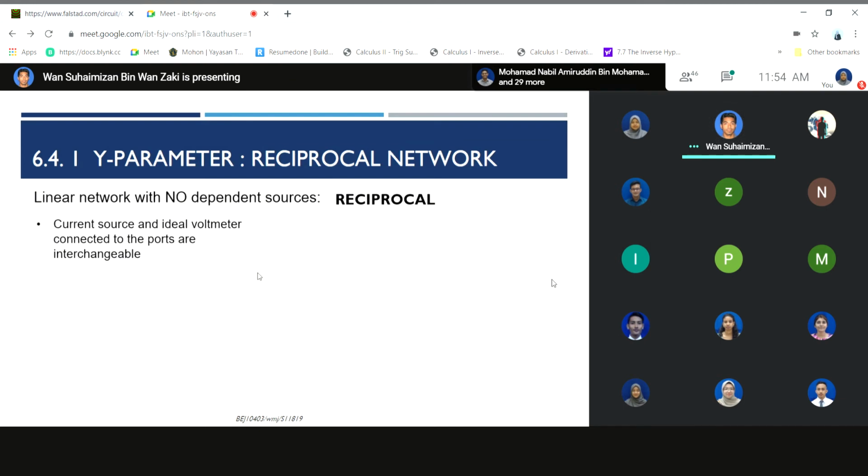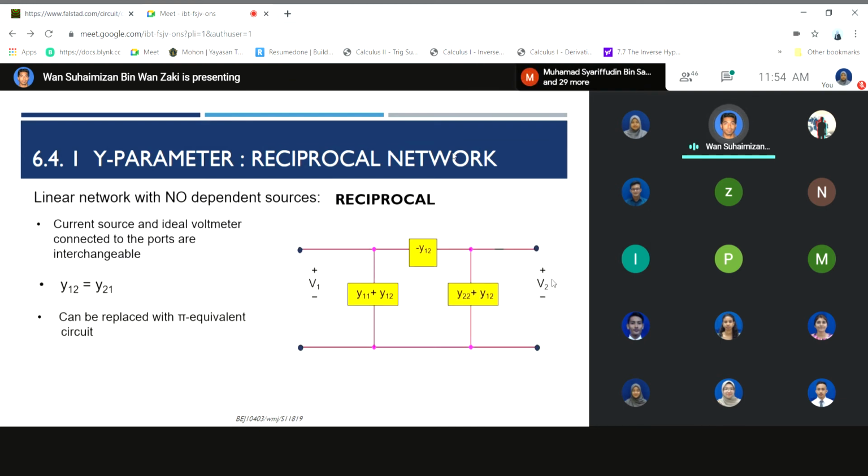If the circuit is reciprocal, you can represent the equivalent circuit in a simpler form, like this pi equivalent circuit. It is called a pi because it looks like a pi circuit. The values inside the pi are negative Y12, Y11 plus Y12, and Y22 plus Y12.